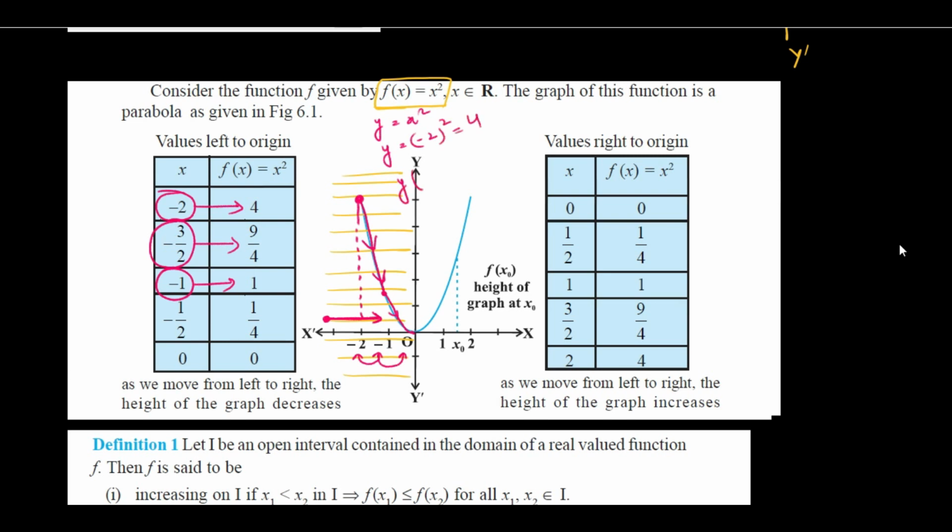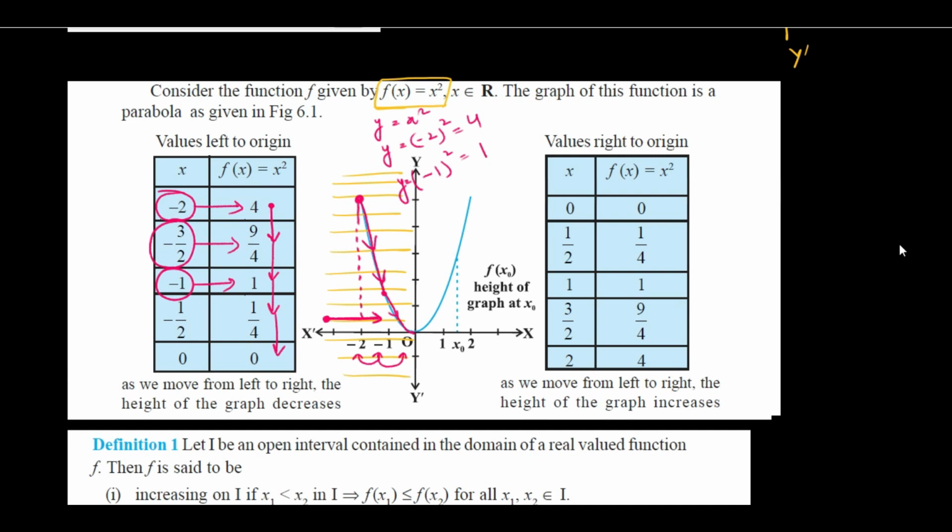If the value is -1, then we find 1, like this. Here you can see the value of x square is decreasing: 4 to 9/4, 9/4 to 1, 1 to 1/4, 1/4 to 0.